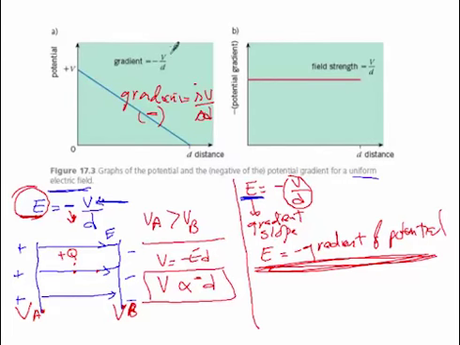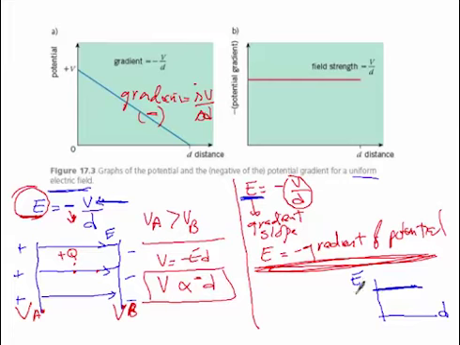The change in V over the change of D is constant. So if we want to represent our E with D, it should be constant. The gradient is constant for this line.